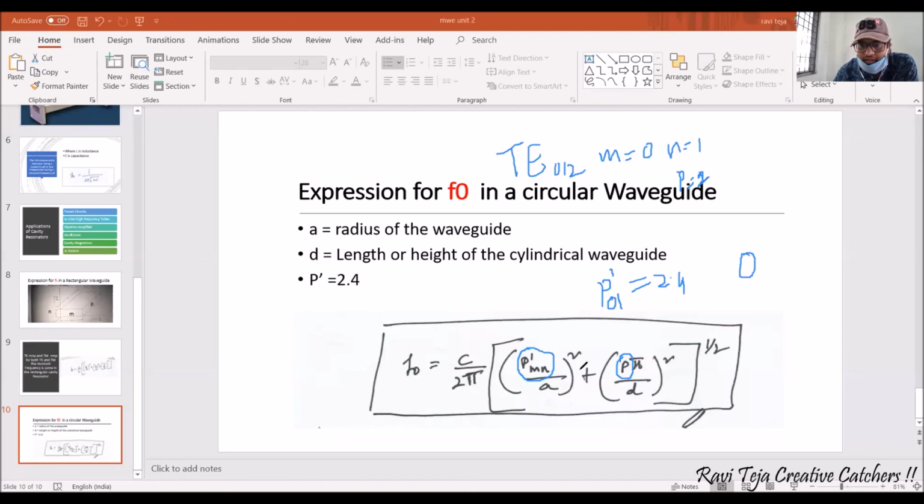You should not do like that. Maybe these values may be near, but it can be any value, we can't say. So always, capital P or P dash in a circular cavity resonator will be 2.4 only. Why? Because that is the minimum frequency generated in a circular cavity resonator. And coming to small p, this is the propagation mode which is given in the mode.